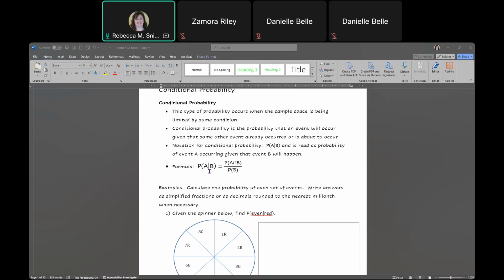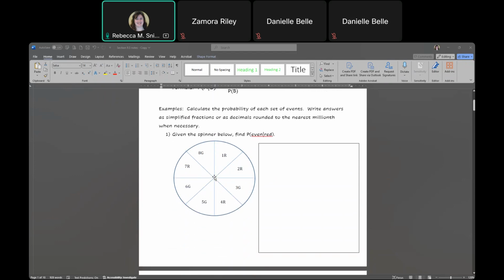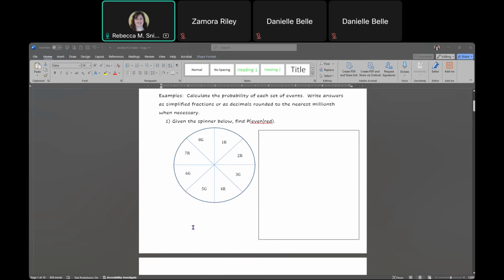Okay. Now, for me, the easiest way to understand it is to look at the actual question. So we're going to go back to that spinner that we used with the addition property. And instead of it just being numbers, notice I've now added G's and R's. So G stands for green, R stands for red. And so our spinner now has two ideas attached.